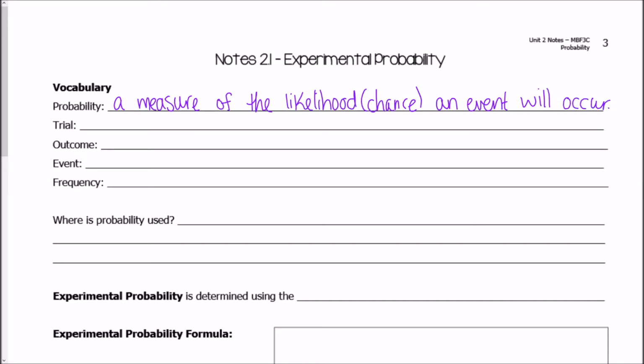A trial is just one round in a probability experiment. An outcome is a possible result of an experiment.